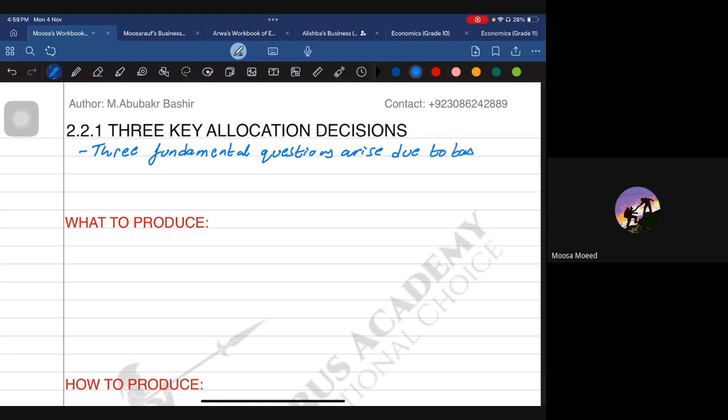Good question, sir. Due to the basic economic problem of scarcity जो हम face करते हैं. जी, पता नहीं सर. इधर नीचे लिखे हुए हैं.